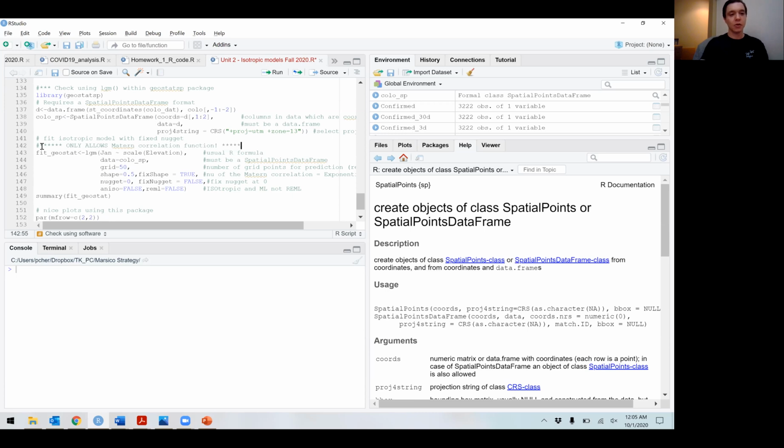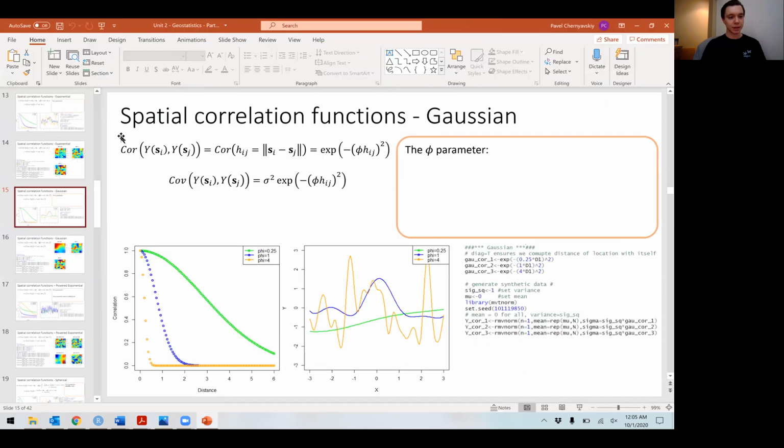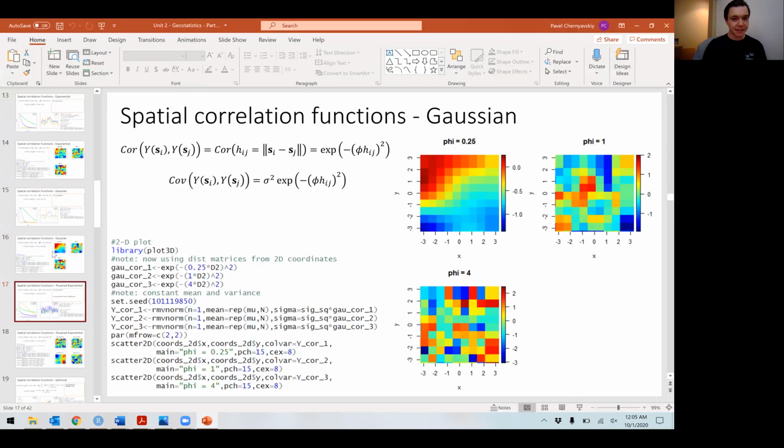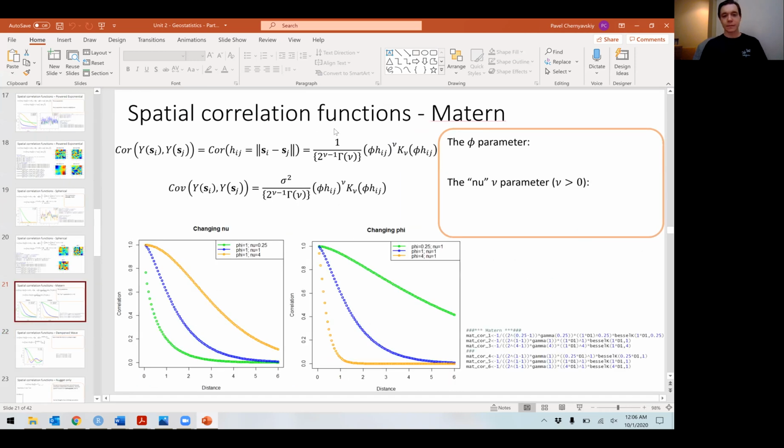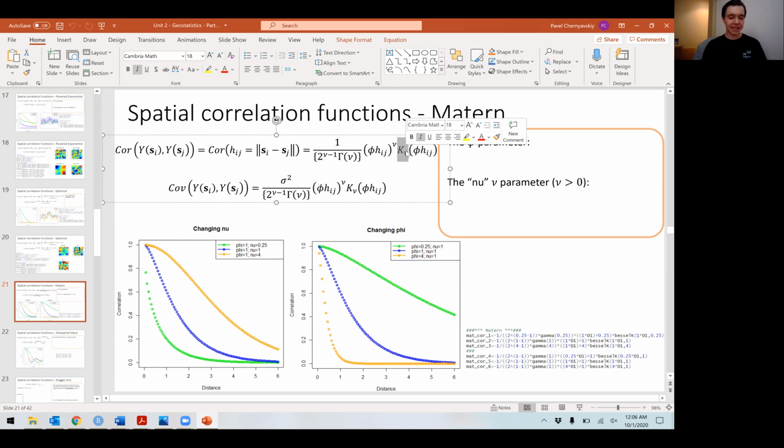However, be careful because this function only works with the Matérn correlation function. Right over here. It's a pretty complicated one. It includes a Bessel function of order nu. You can look it up if you'd like, what the Bessel function is.